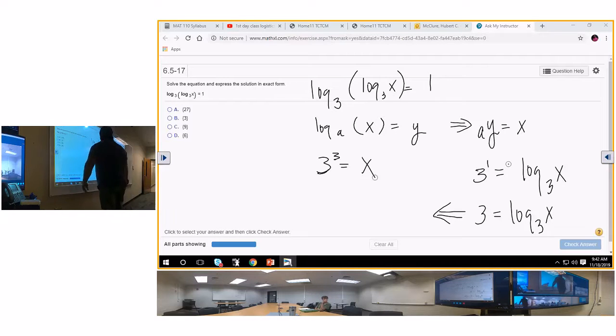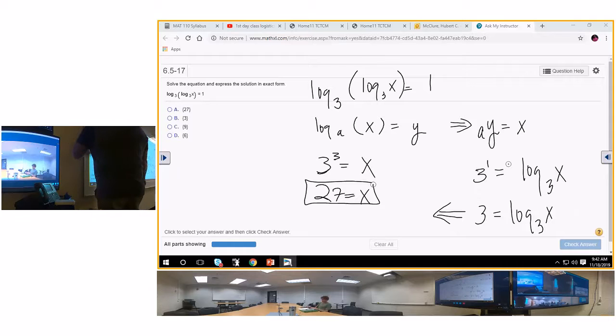And 3 to the third, be careful here, do not say 9. It's 27. Now let's go back and check to make sure there are no other properties. No, there are no other properties, so you're not going to have a double answer like the last one. So it should be A.